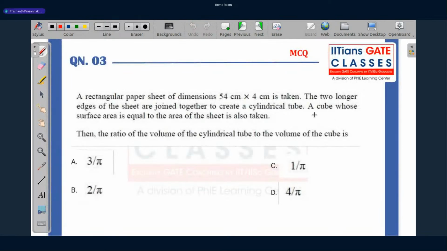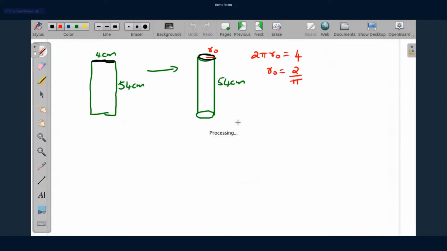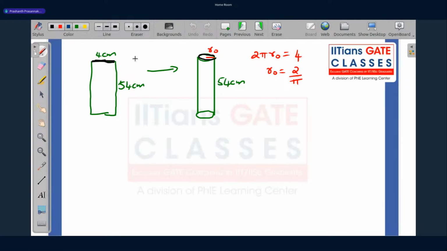We have a cube whose surface area is equal to the area of the sheet. So now the cube has a side length of A. If this side is A, then this side is also A. What is the surface area?